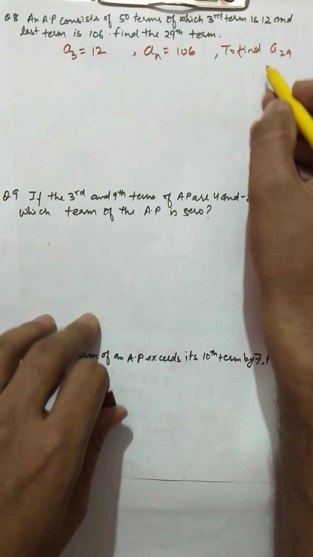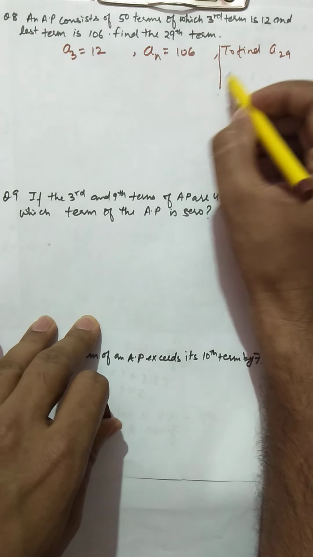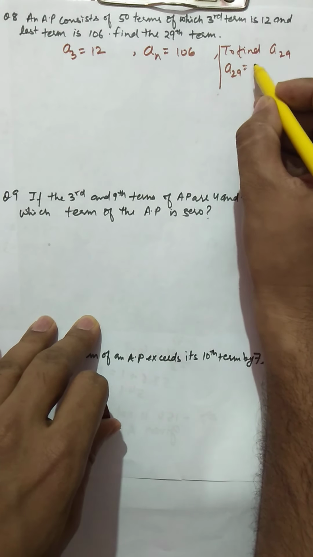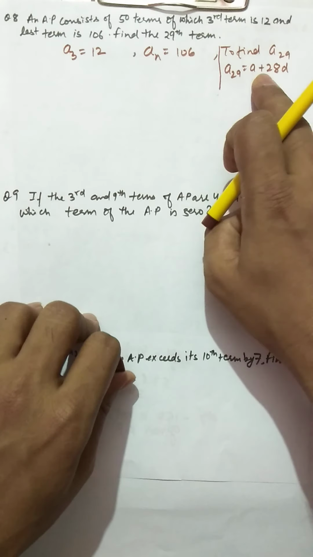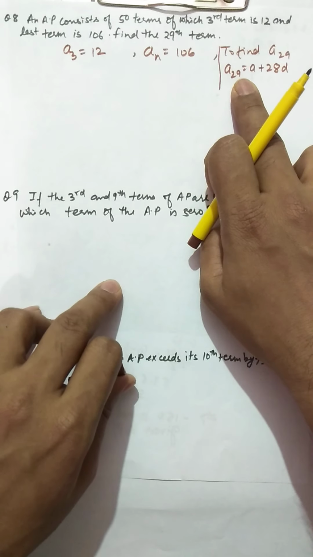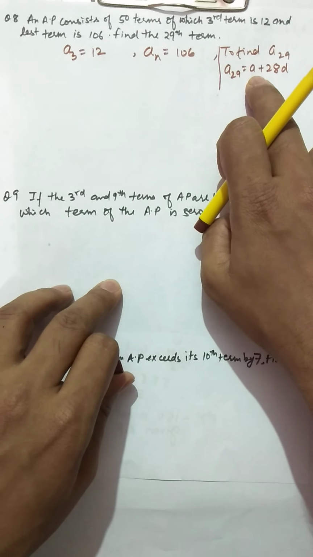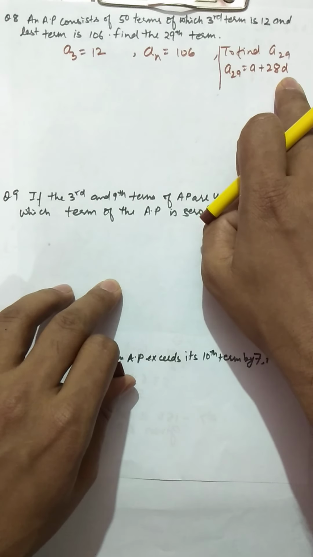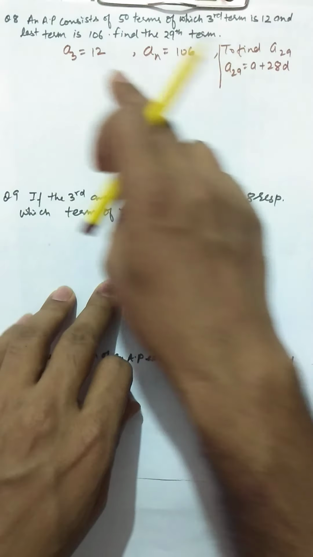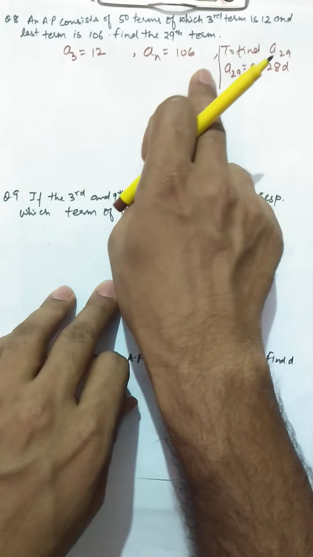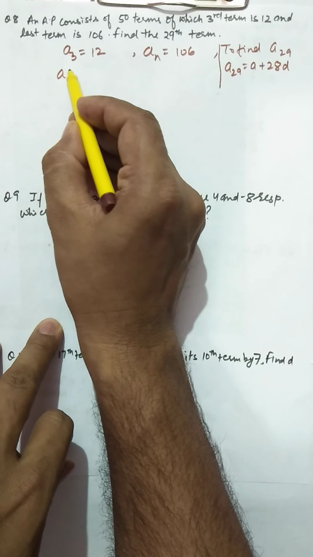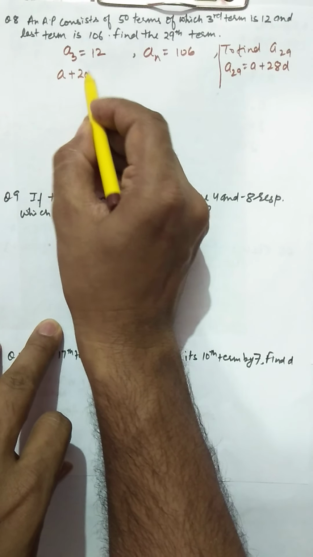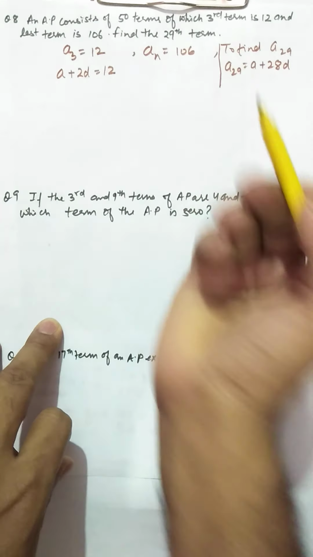So you see that A29 is a plus 28d. To find A29, you need to have a as well as d. So we'll find a and d with the help of these two given equations. So A3 is your a plus 2d. This is equal to 12.